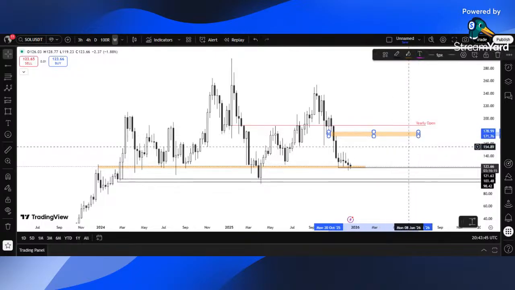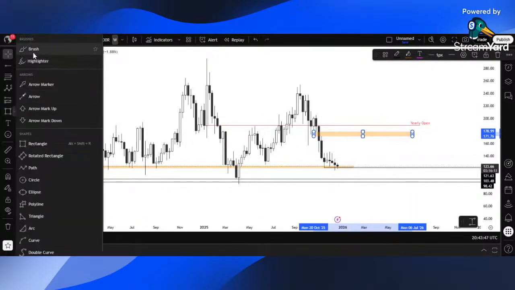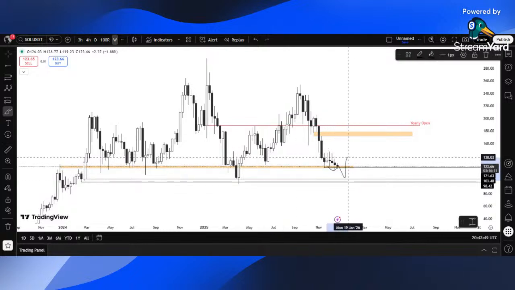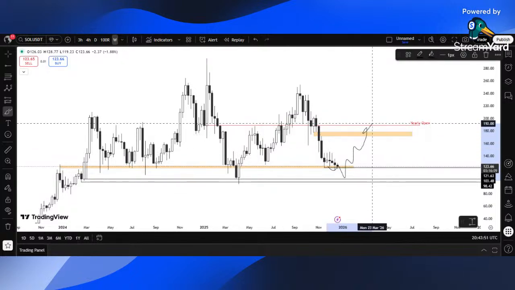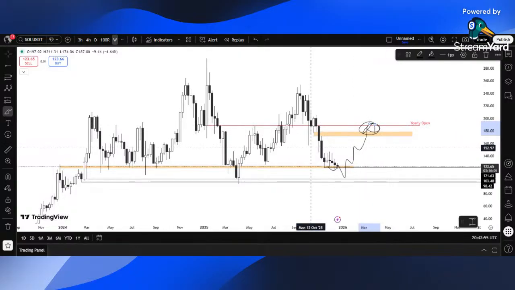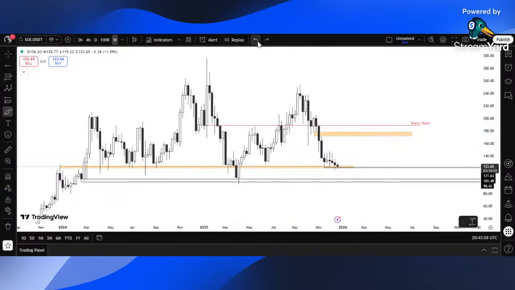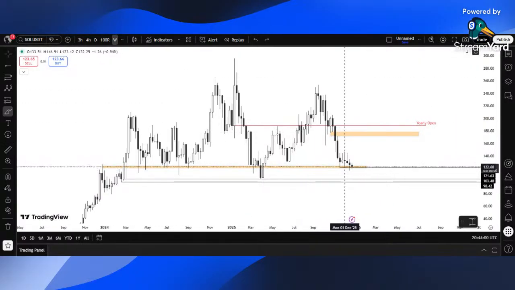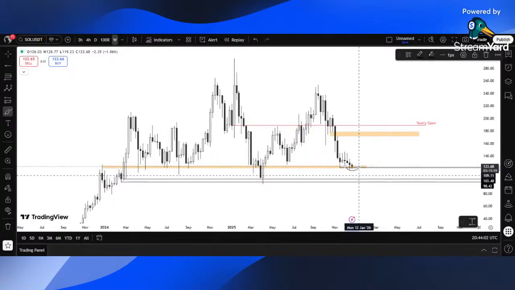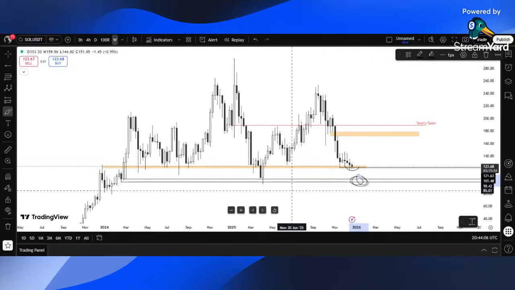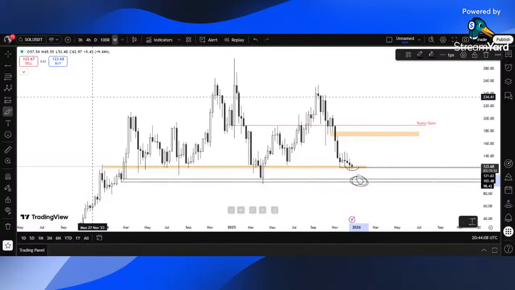From here, if the price holds, we can see a surge on Solana all the way to this yearly open again. Solana has a healthy structure here, a good support. Specifically, buy here and load again. If you want to test your patience, this is something you must buy.